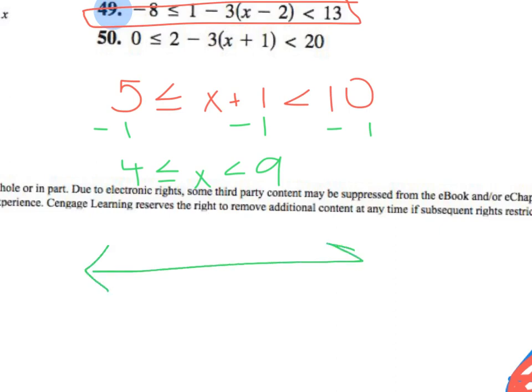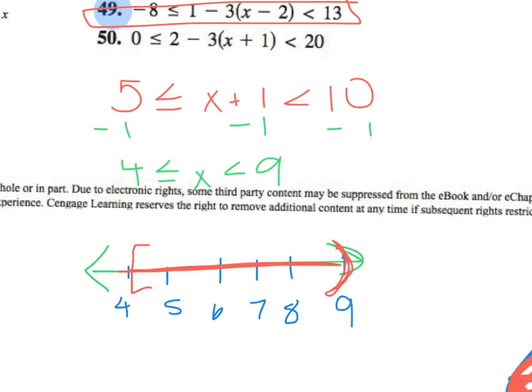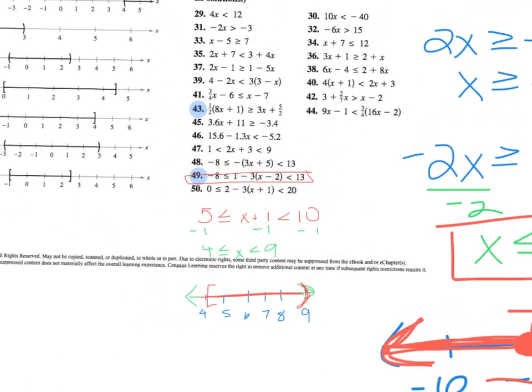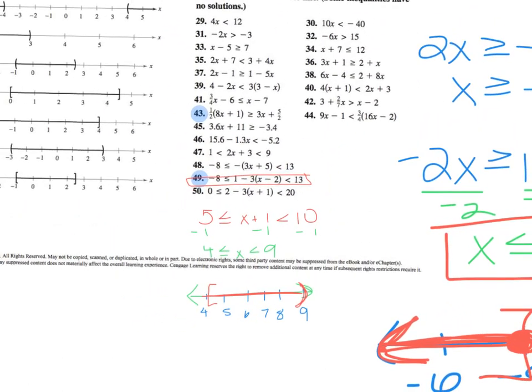On my number line, I would have 4, 5, 6, 7, 8, 9. I'd have a bracket or a solid dot on 4, and a parenthesis or an open dot on 9. So there's your compound inequalities. Whatever you do in the middle, you've got to do to both sides of your inequality. Questions on those so far?